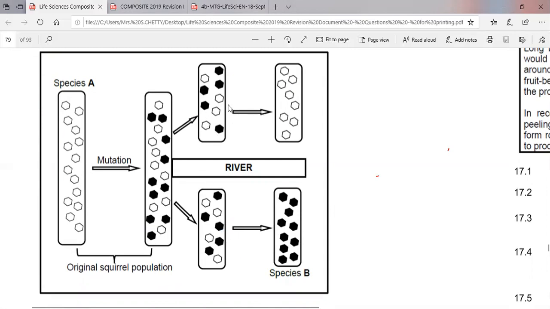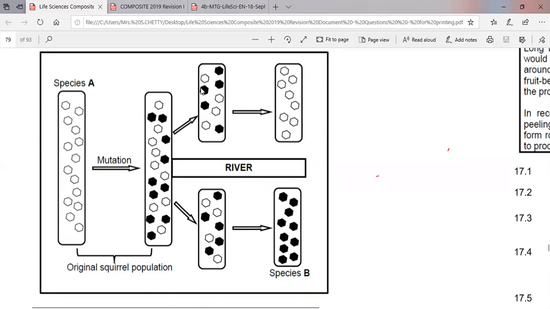Now, genotypic and phenotypic variations occurred, such that now you only got one type here. So this is one species. This is a totally different species. So they'll never be able to mate with each other, even if I remove the river. The environmental conditions here and here were totally different from each other.